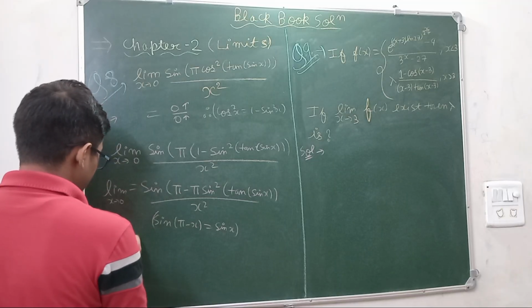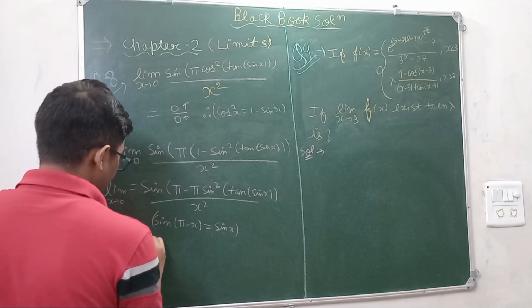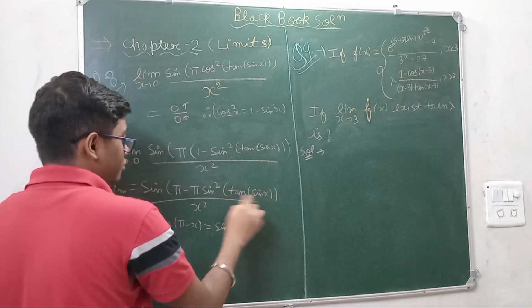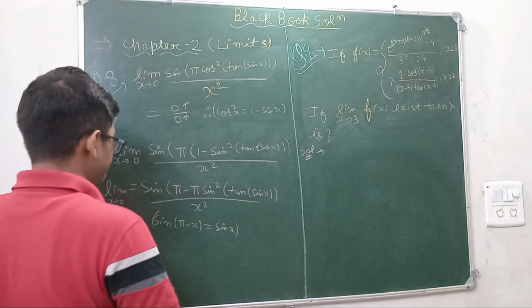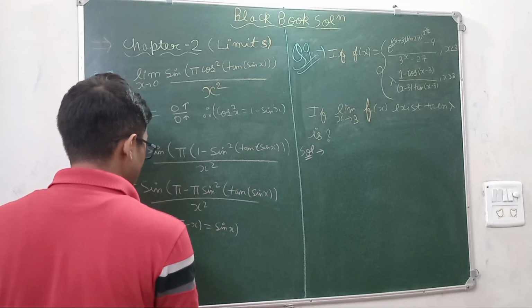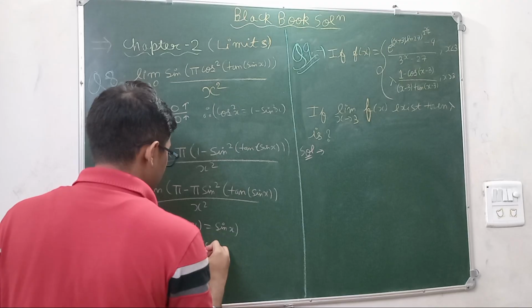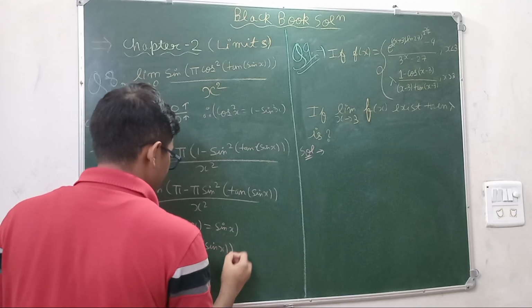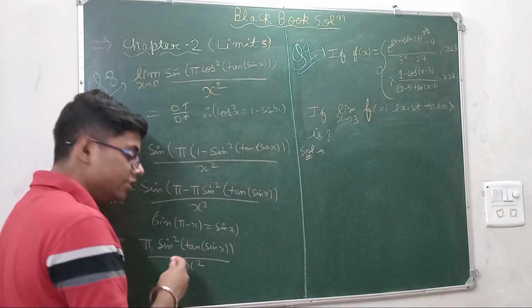So this whole will become limit x tends to 0 of sin(pi sin²x tan(sin x)) by x². Again the limit is 0 by 0 form.